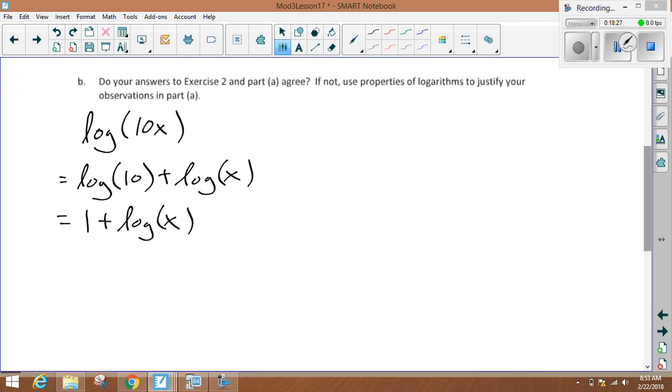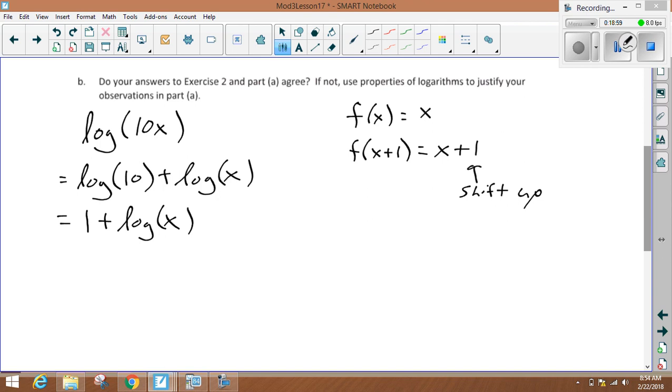What happens when, if f of x is x, then f of x plus 1, that's x plus 1, right? That's a shift up, right? So this is also a shift.